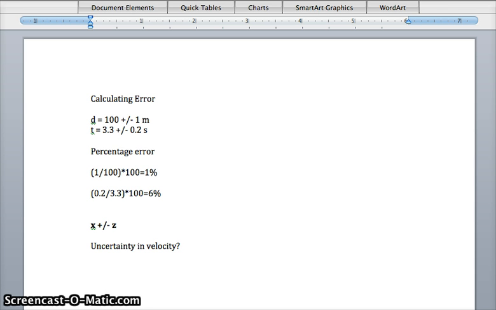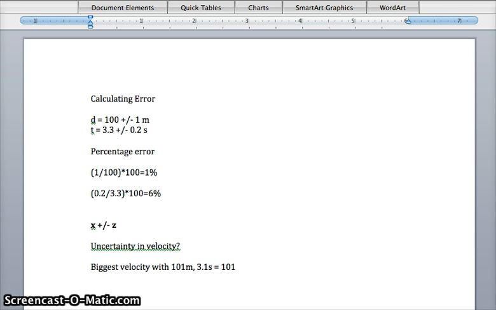So the way you approach it is to think of which values are going to give you the biggest possible velocity and which will give you the smallest possible velocity. In this case, if it's 100 plus or minus 1, you get the biggest velocity with the distance actually being larger, so 101 meters, and the time being smaller, which is 3.1 seconds, because velocity is distance divided by time.